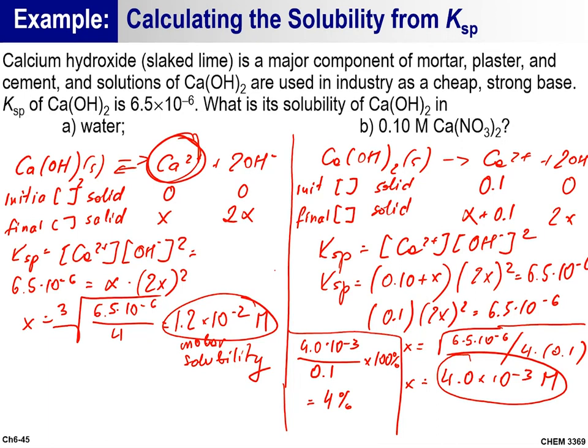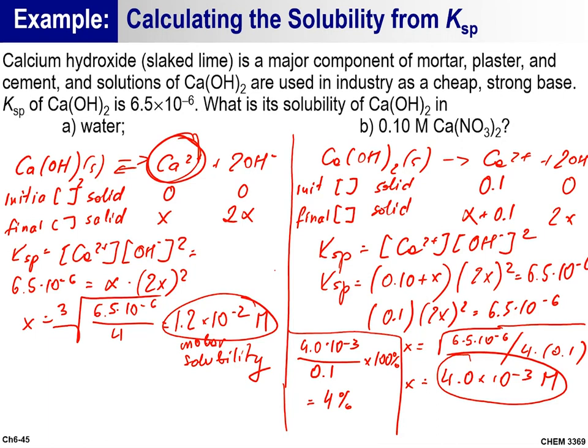So we will produce more solid, which means it will be less soluble. Okay, less of the calcium hydroxide will be dissolved at equilibrium when the copper 2 plus from another source is present.